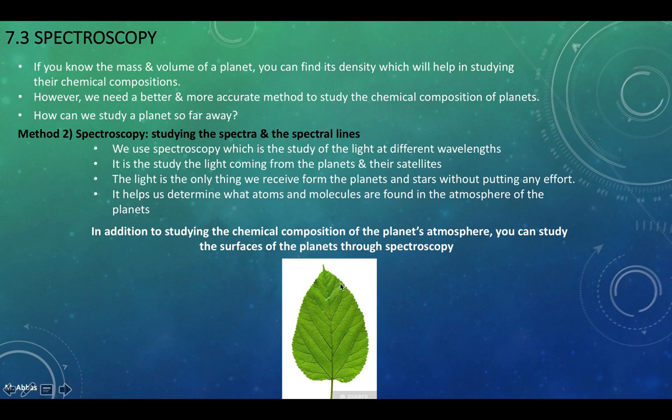It means the atoms and the molecules that make up this material absorb all colors and emit the green color. If I know what this leaf is doing, what it is absorbing and what it is emitting, I can tell you what makes up that leaf.